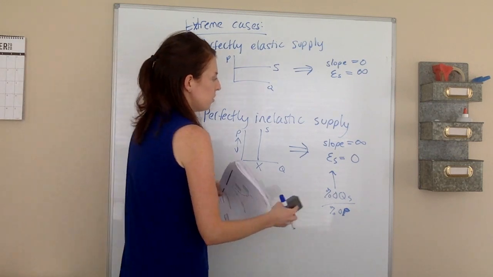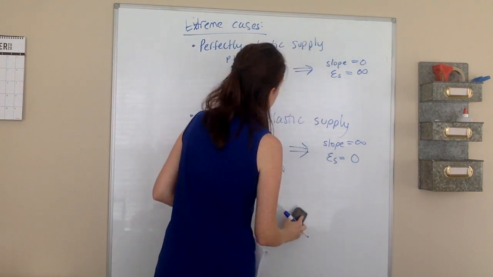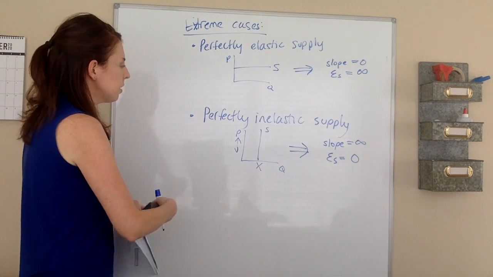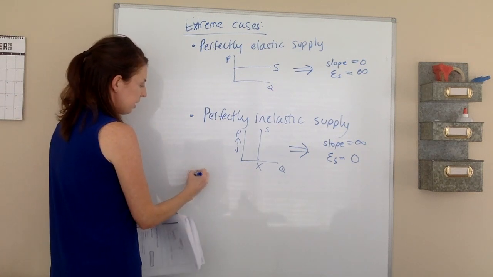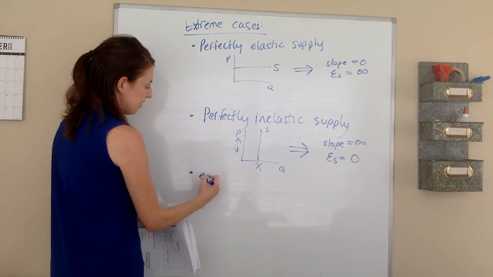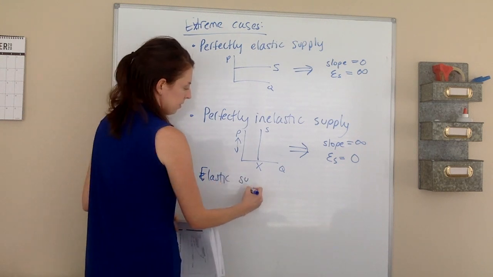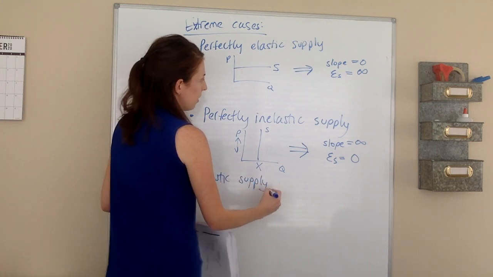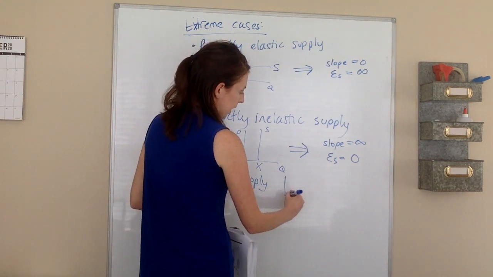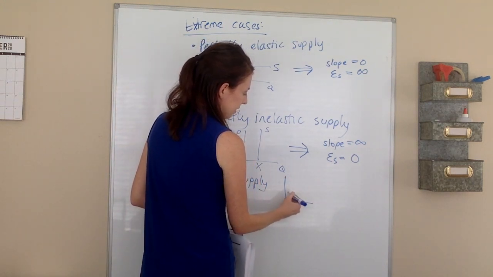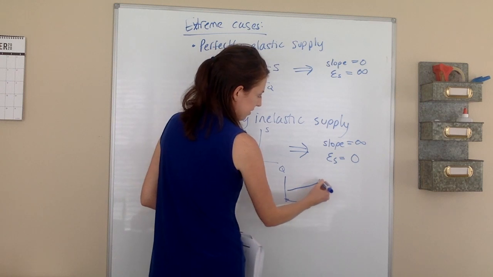Okay, so these are the extreme cases. In the middle of the spectrum, if you have an elastic supply, then what that's going to look like is a supply curve that's kind of flat-ish.